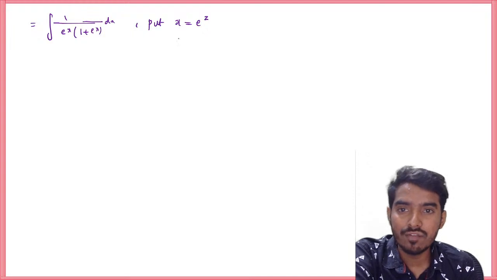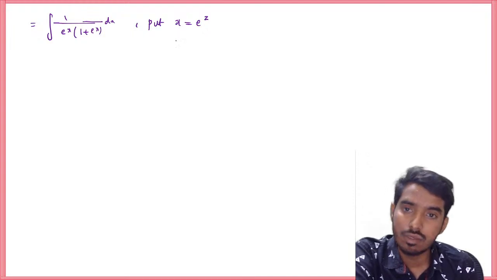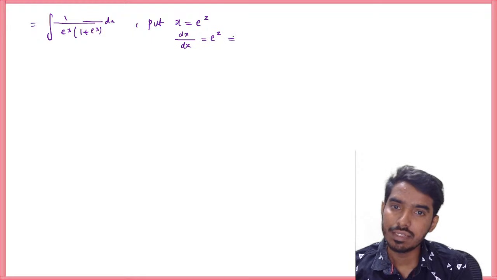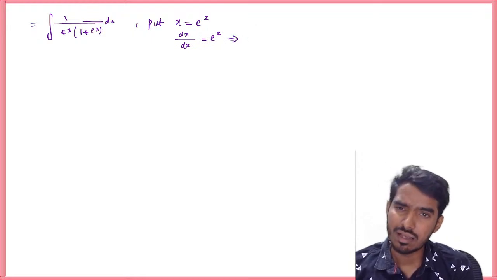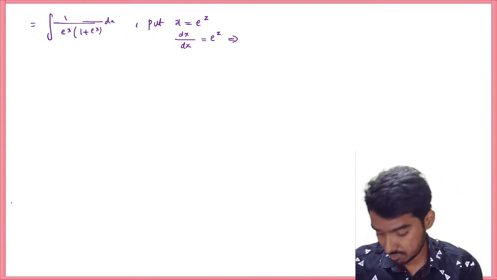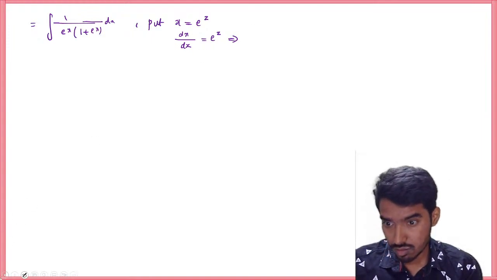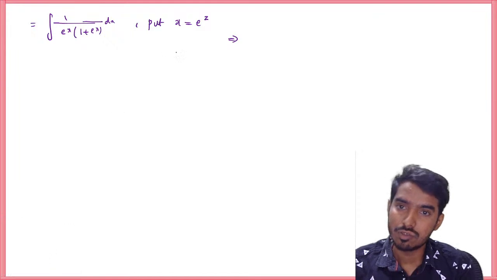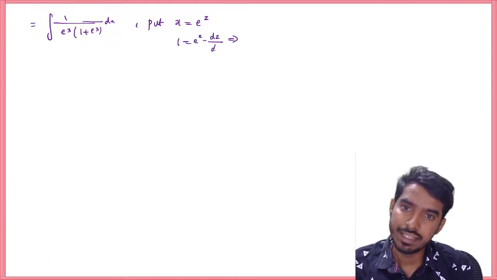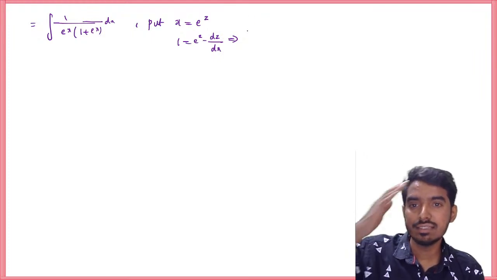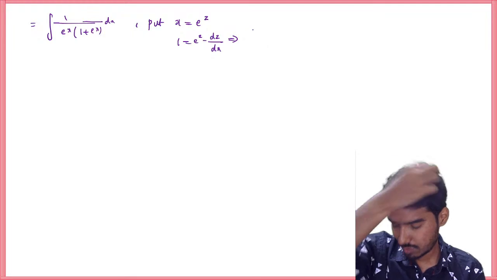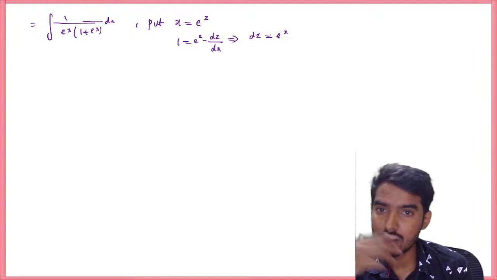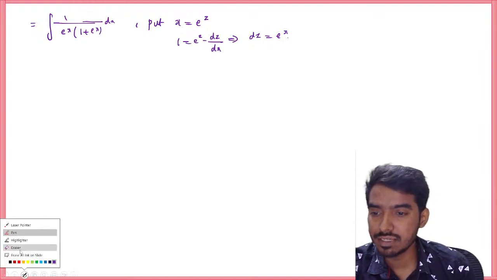Differentiate, dx by dz is e power z, so dx is e power z dz.